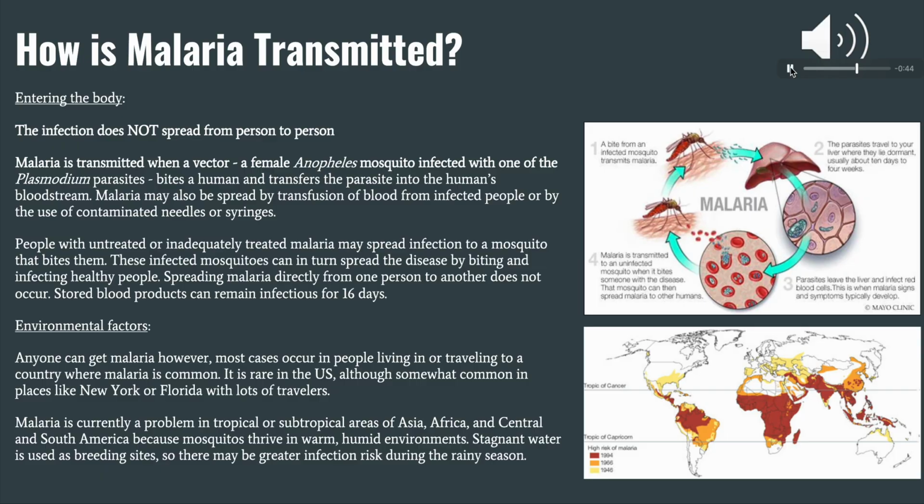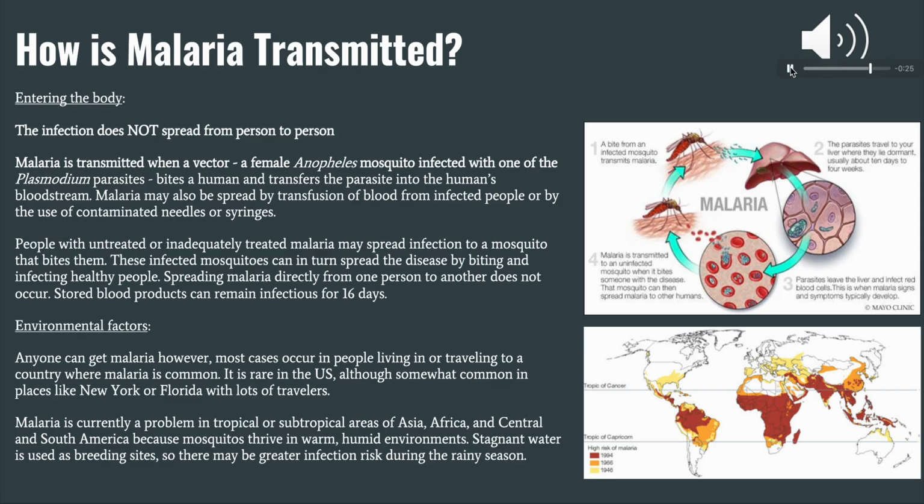Anyone can get malaria, but there are certain environmental conditions that promote the spread of the disease. Most cases occur in people living in or traveling to countries where malaria is common, like in tropical or subtropical areas of Asia, Africa, and Central and South America.